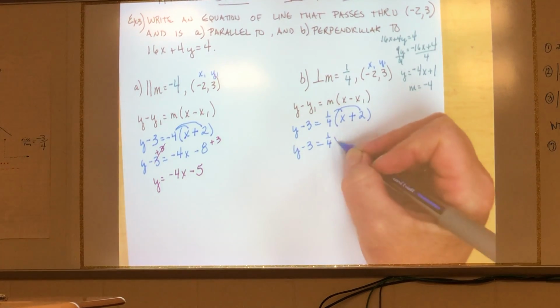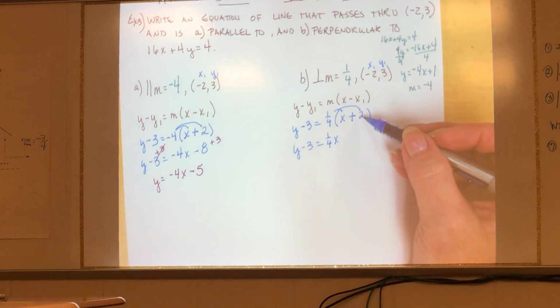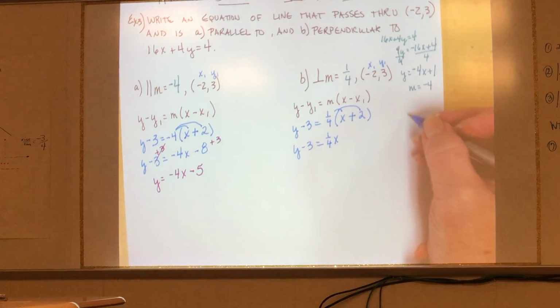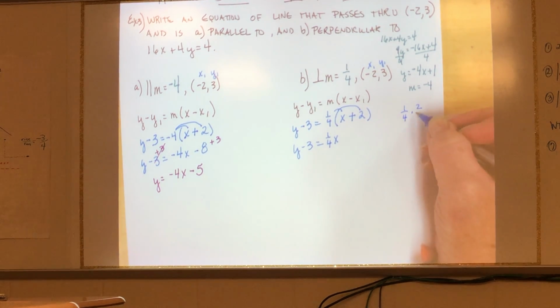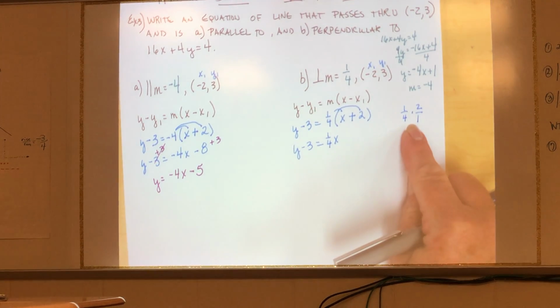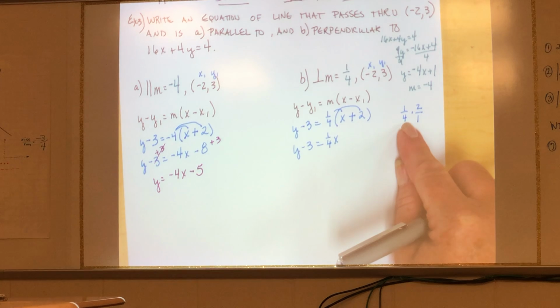That's the plan, guys. Over here, if you can't do this in your head, then go over here on the side of your paper and do a little chicken scratch. Just go 1/4 times 2 over 1. When you're multiplying fractions, you multiply top times top and bottom times bottom. But guys, listen to me. If you can ever cross cancel and reduce, you should do that before you multiply. Okay?